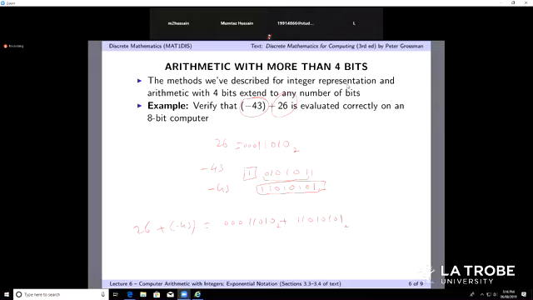Let me write it down carefully: 0, 0, 0, 1, 1, 0, 1, 0. The other number is 1, 1, 0, 1, 0, 1, 0, 1. I'll add them up. So that is going to be 1, 1, 1, 0, 1, 1, 1, 1.